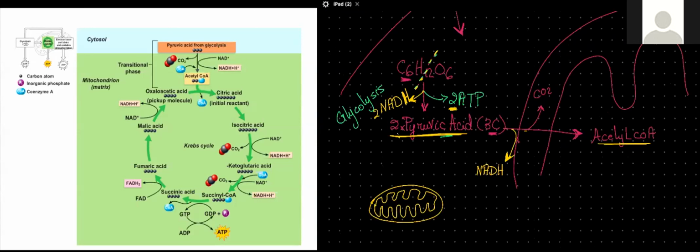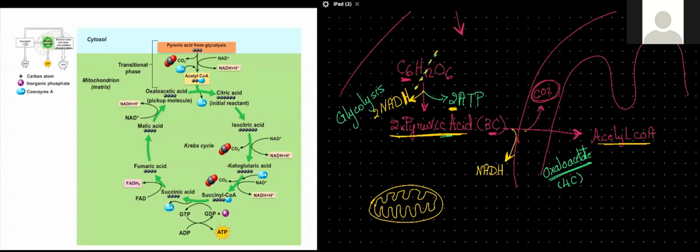Acetyl-CoA, in order to pass through this cascade of reactions, is going to be binding to oxaloacetate. This is a 4-carbon structure.